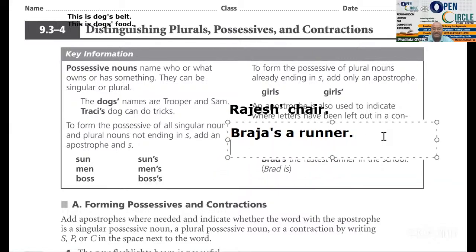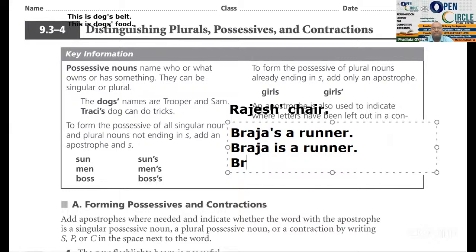This means Braja is a runner. Next, Braja's runners are broken. Meaning? Legs broken?